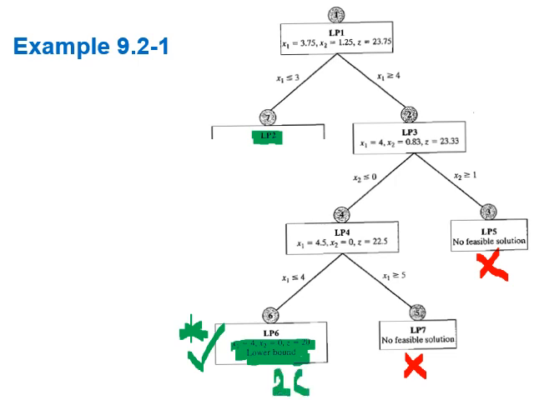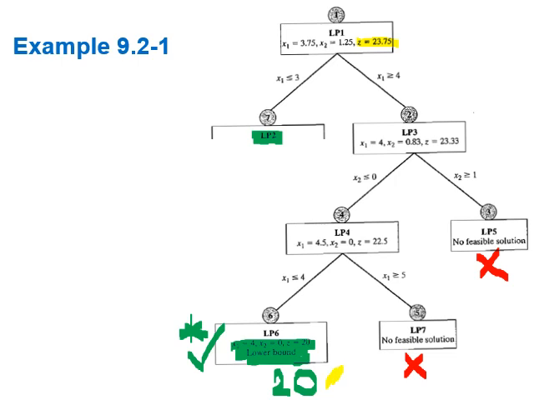When you look at LP1, we found that the optimum solution to this LP1 is 23.75, and it indicates an upper bound for us. And this feasible solution, 20, is a lower bound for us.